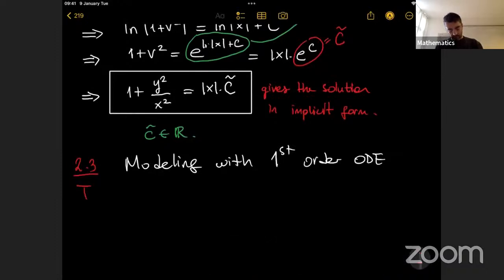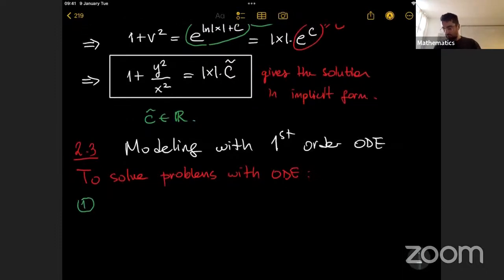So to solve problems with ODEs, what we need to do is, first, of course, you read the problem carefully. I assume you do this. Next, determine the dependent and independent variables. Basically, what is the variable?